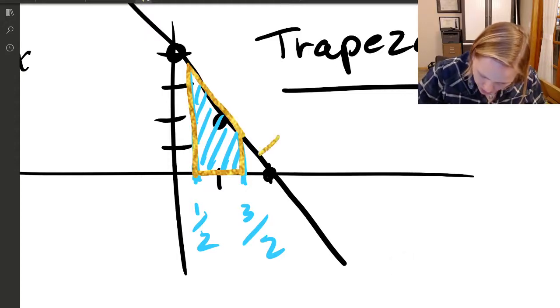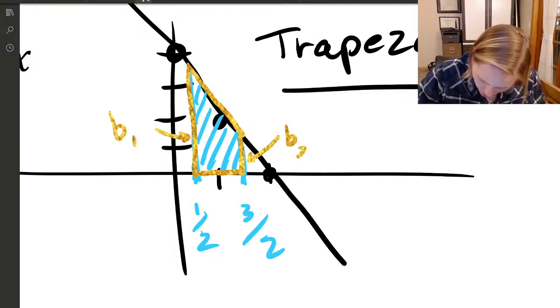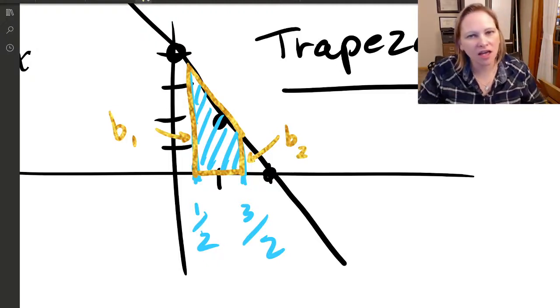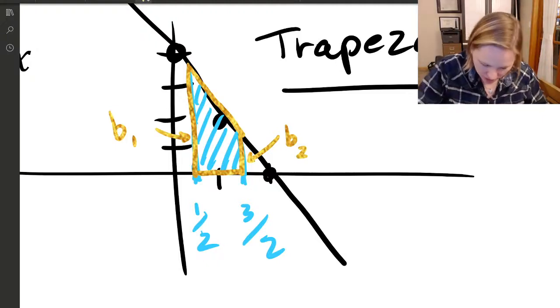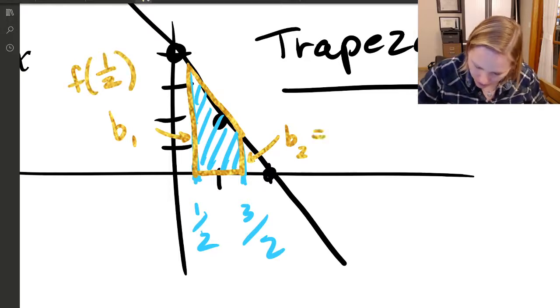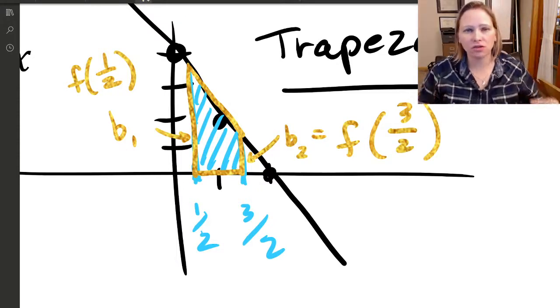So B1 is actually a y value. So B1, B2, however you want to call them, they're the y values. So the heights, the f of 1/2 is going to be B1. F of 3/2 is my B2.